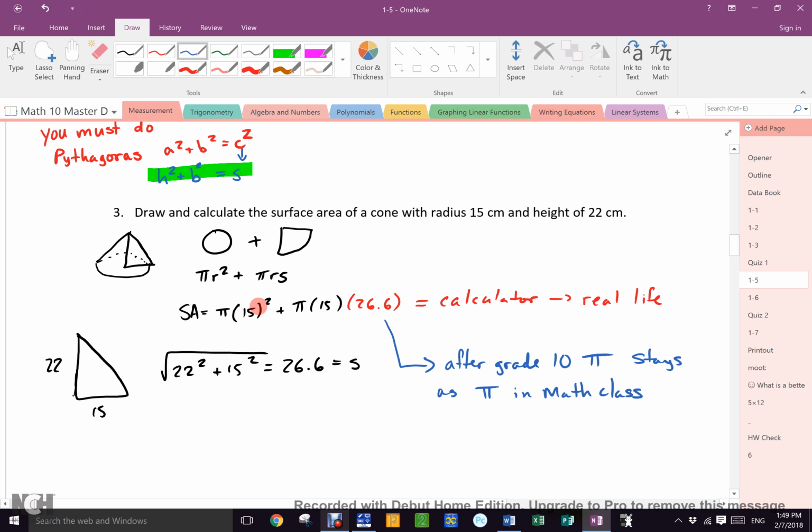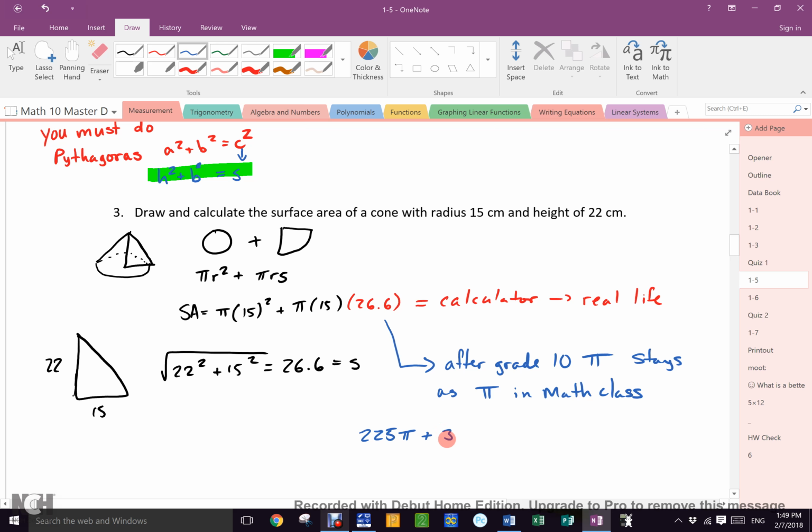If you don't have it memorized, you're going to do it on your calculator. You're going to find it's 225, right? So you would have 225 pi plus. Pi is going to stay there. So what do I do with 15 and 26.6? Multiply them together, and what do I get? 399.4 or something, right? 399 exactly?